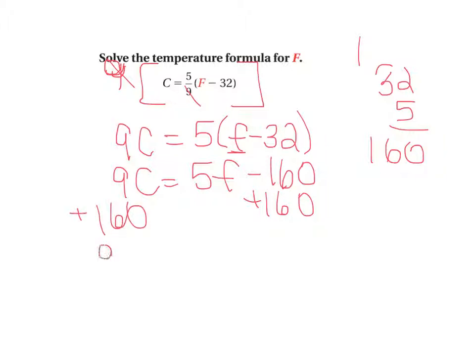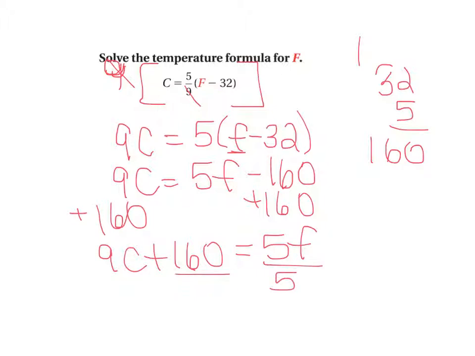And we can now get 9c plus 160 is equal to 5f. Last but not least, we need to divide everything through by 5. So the 5's cancel, and we can see that f is equal to 160 divided by 5.